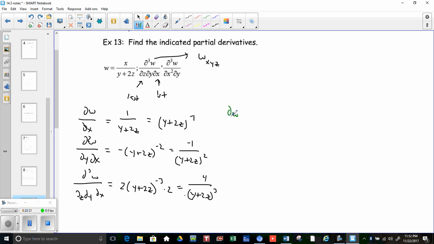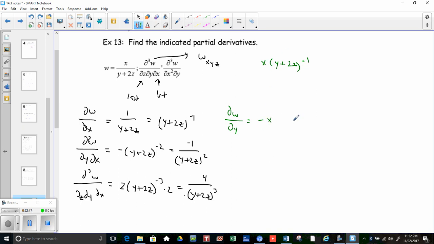So dw dy is going to be, if we take the derivative of this thing with respect to y first, again, we can bring that whole thing up and make this x times y plus 2z to the negative 1. And then we'll bring the negative out front, multiply it by the constant x.